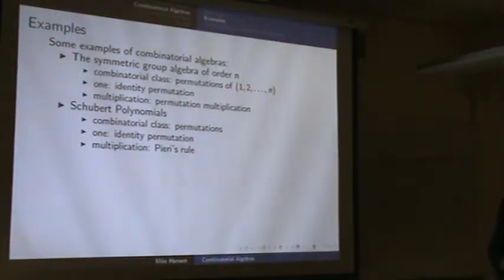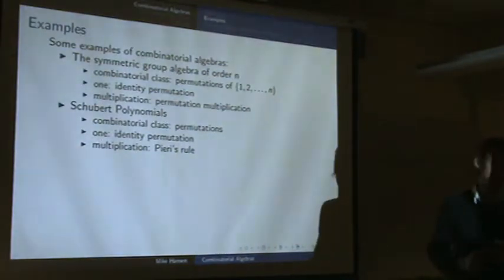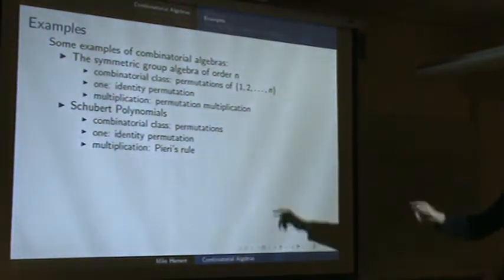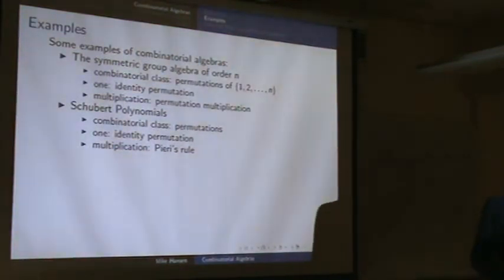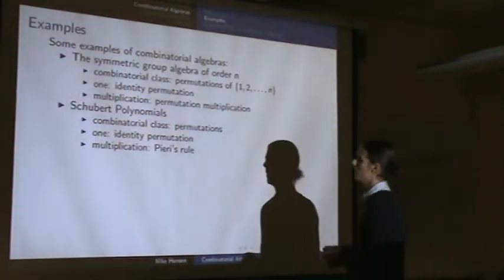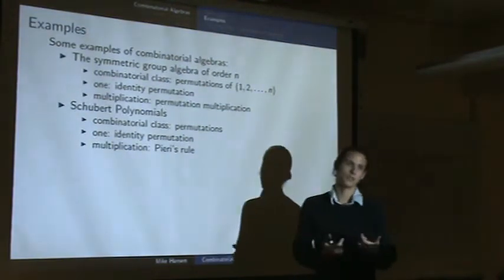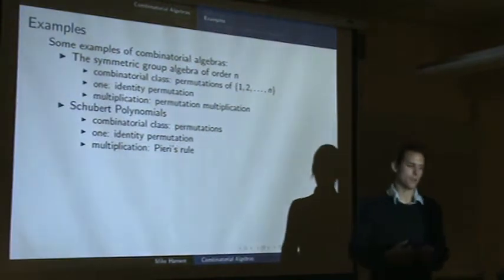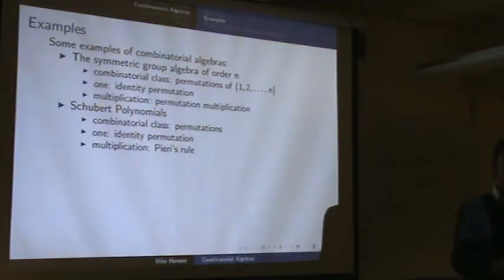And multiplication is given by something called Pieri's rule. It turns out these polynomials form a basis for a multivariate polynomial ring. And so it's actually an open problem how, given two permutations corresponding to Schubert polynomials, to multiply them. And it's been an open problem for a while.